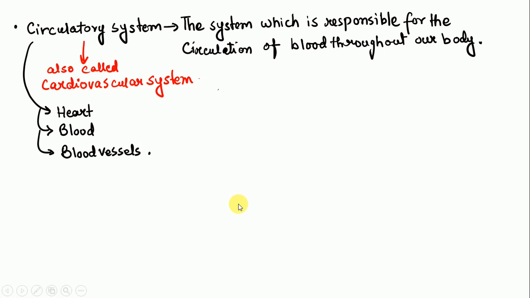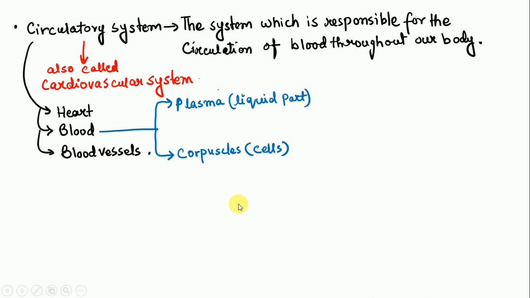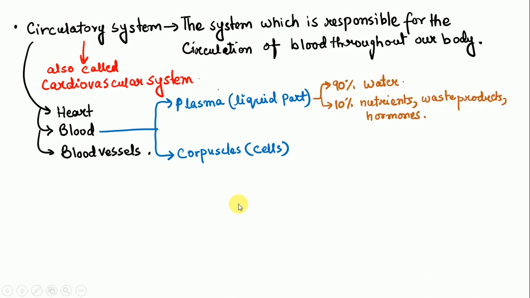Now if I look into the blood, it consists of two main components: the liquid part of the blood which we call plasma, and certain cells which have different functions. This plasma consists of 90% water and 10% waste products, hormones, nutrients and so on. And these cells are of three types.